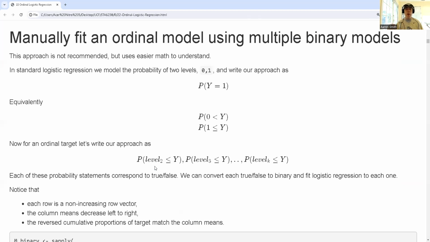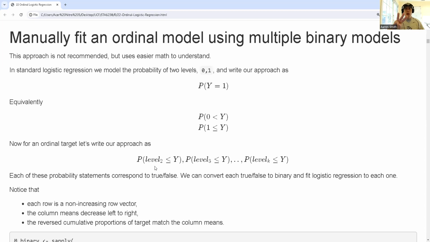This is a useful way when I need to have more nuance in my models, when I have a large amount of data and the other techniques I'm going to show are not sufficiently accurate. This is absolutely my last-ditch choice if I'm having trouble modeling, but it is a tool in my tool belt. So in this approach, let's say that I have 3 levels.